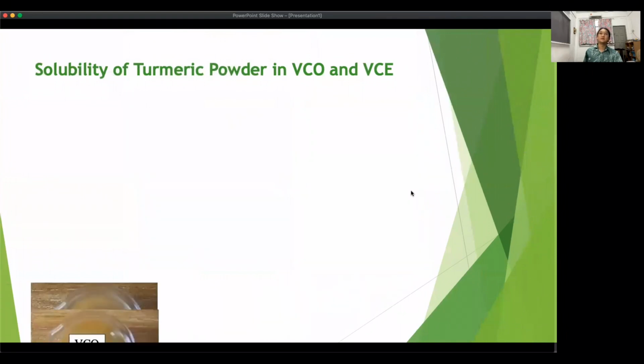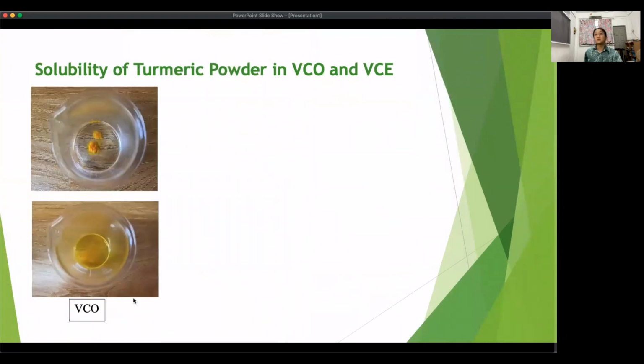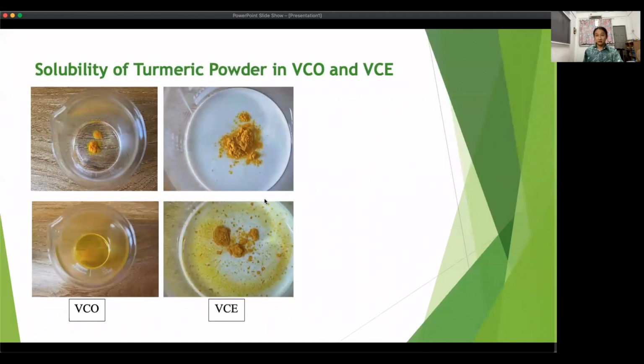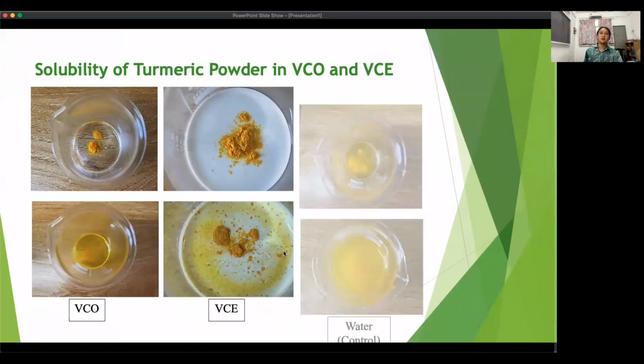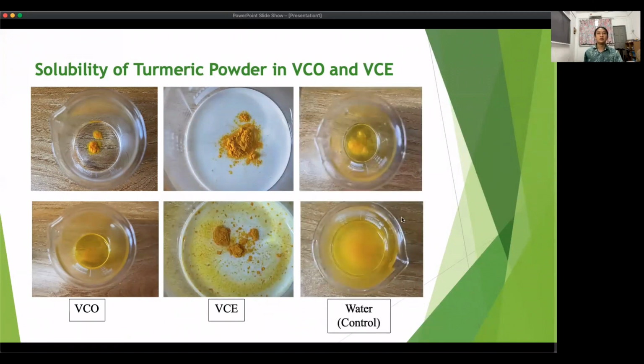For the solubility of turmeric powder in VCO and VCE, first, VCO and a pinch of turmeric powder: it totally dissolved in VCO. For VCE, it didn't dissolve and it just remained on the surface after a few swirls. It's still the same, it doesn't dissolve. As a control, the powder was also put inside water and it just forms a turbid mixture.